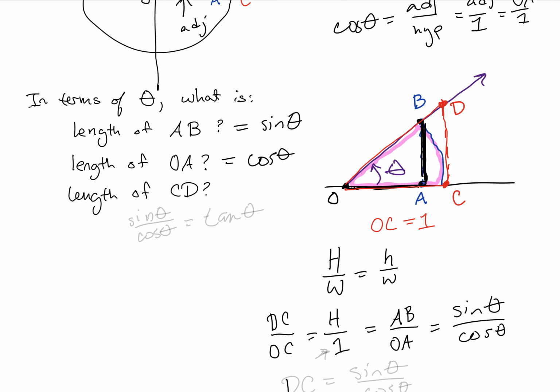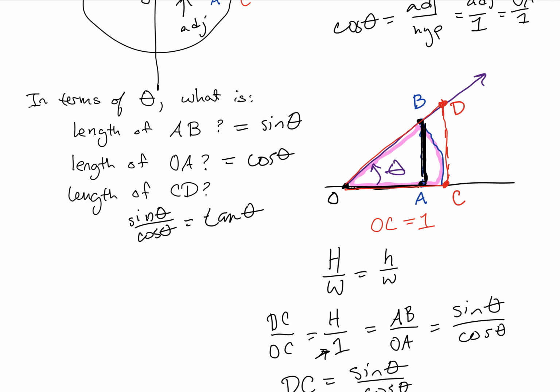So then we know that DC is equal to sine theta over cosine of theta, because the bottom, OA, is just equal to 1. Great. So the length of CD, we could write that as sine theta over cosine theta. If we wanted, we could also write that as tangent of theta.